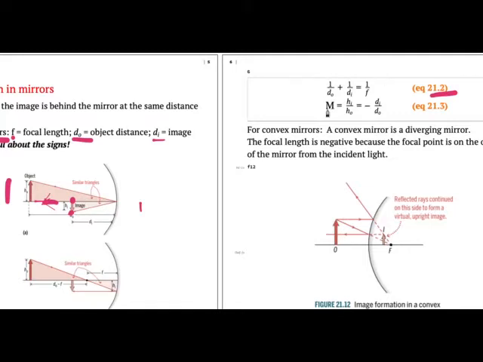And the other equation is the equation for magnification. So M is called magnification. It's the ratio HI divided by HO. Now you can see in this problem, M will be less than 1 because HI is smaller than HO. So M, the magnification, may be less than 1 if something is reduced in size, but it could be greater than 1 if something is increased in size. And by the similar triangles, HI over HO is DI over DO.